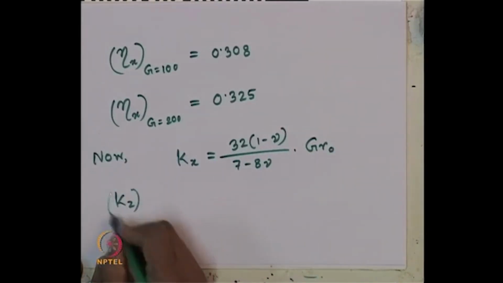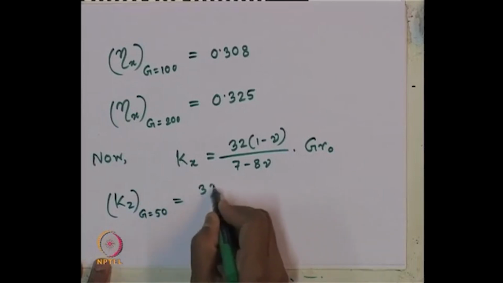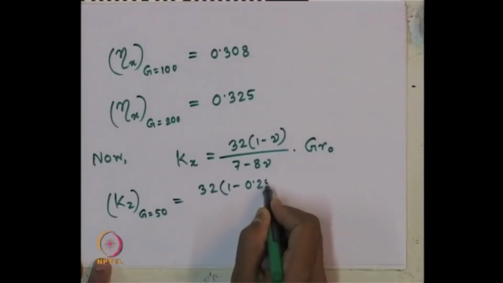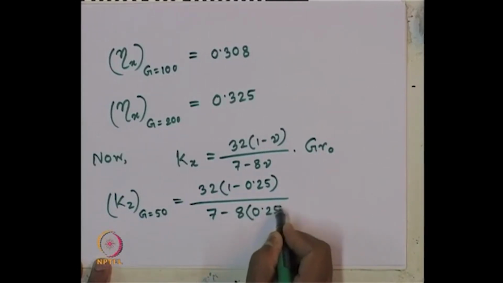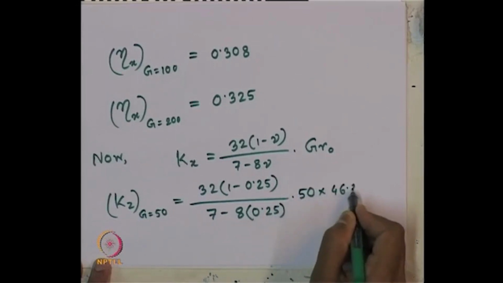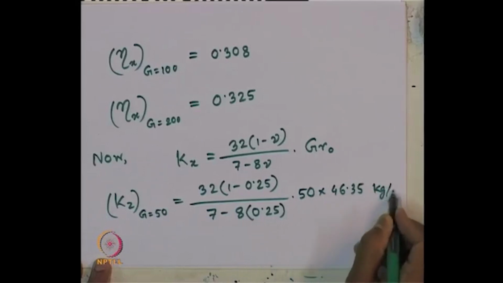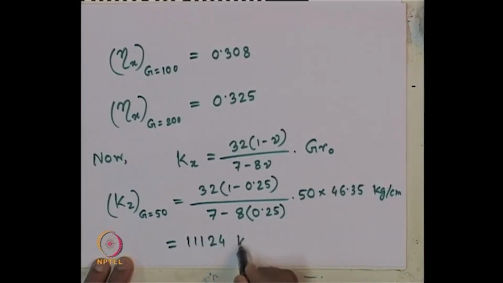So, for the first type of soil, K x for G equals to 50 kg per centimeter square will be 32 into 1 minus 0.25, Poisson's ratio, by 7 minus 8 times 0.25, times G is 50, R naught is 46.35, so much of kg per centimeter, that is the unit. If we calculate it, how much are we getting? 11124 kg per centimeter. Okay.